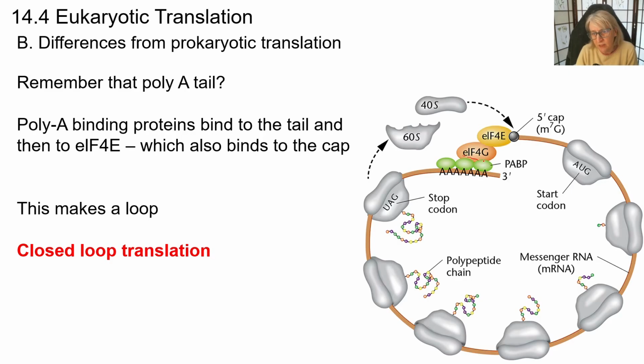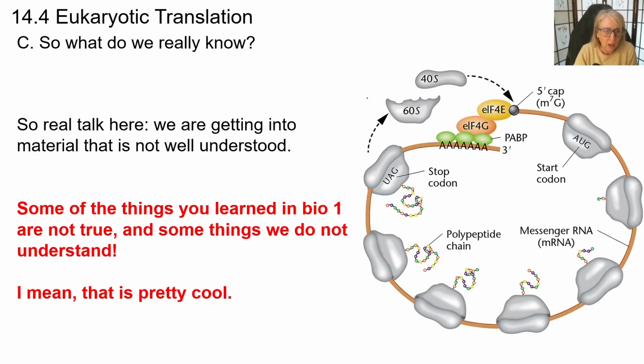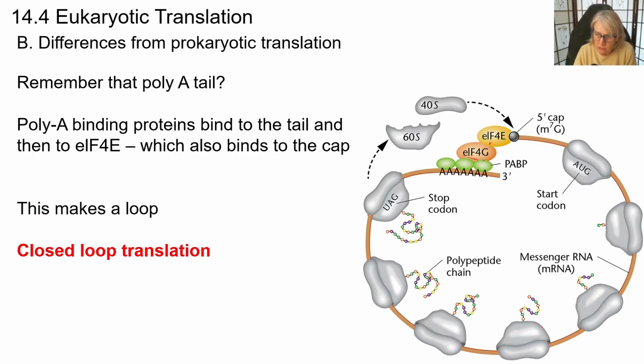This factor, eIF4G, binds to the one that bound to the cap, and it creates this loop of mRNA. This is called closed loop translation. I don't have a great answer for you as to why we do it this way, but we definitely do it in a closed loop, so this becomes a cycle of translation rather than just a long piece of mRNA going off into the distance.